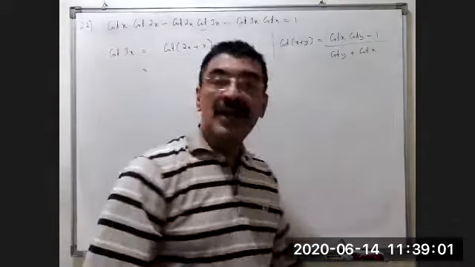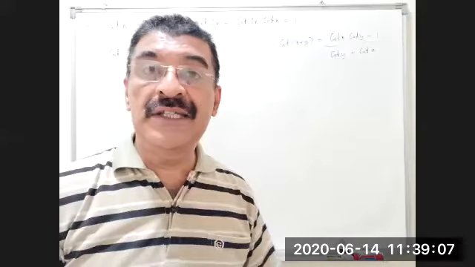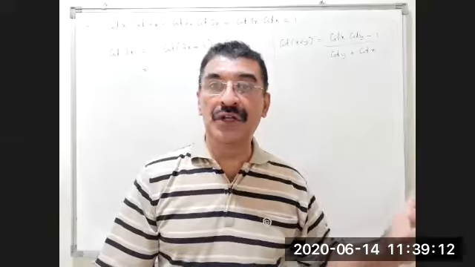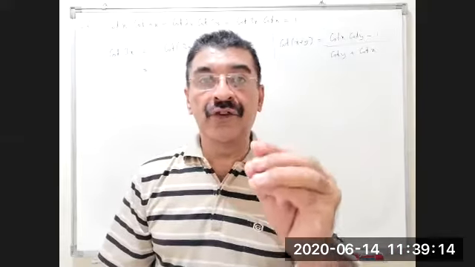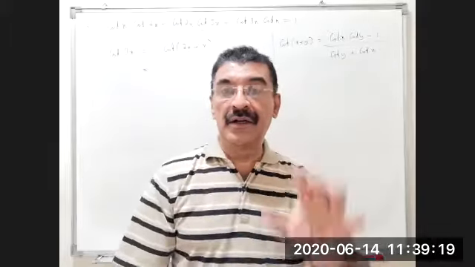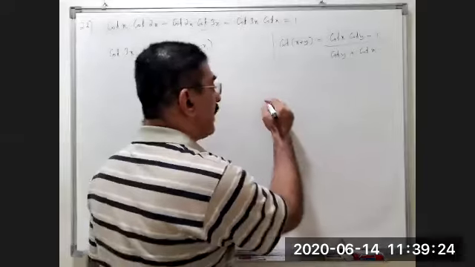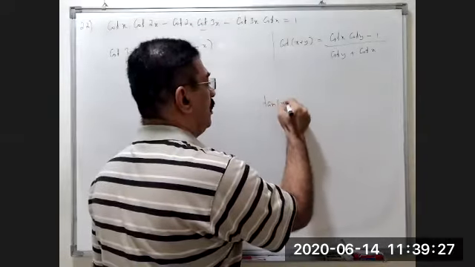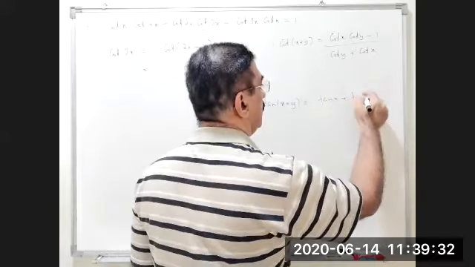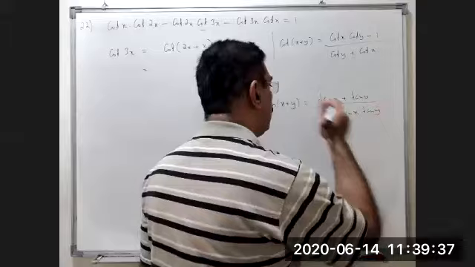Again, remembering cot x plus y is also easy. Anyway, sin x plus y, cos x plus y, tan x plus y, these three are the first three formulas that you have to remember. By making use of these three formulas, many formulas can be derived. Taking sin x plus y, we discussed the product formula, sin x plus sin y. Similarly, tan x plus y is tan x plus tan y by 1 minus tan x tan y.